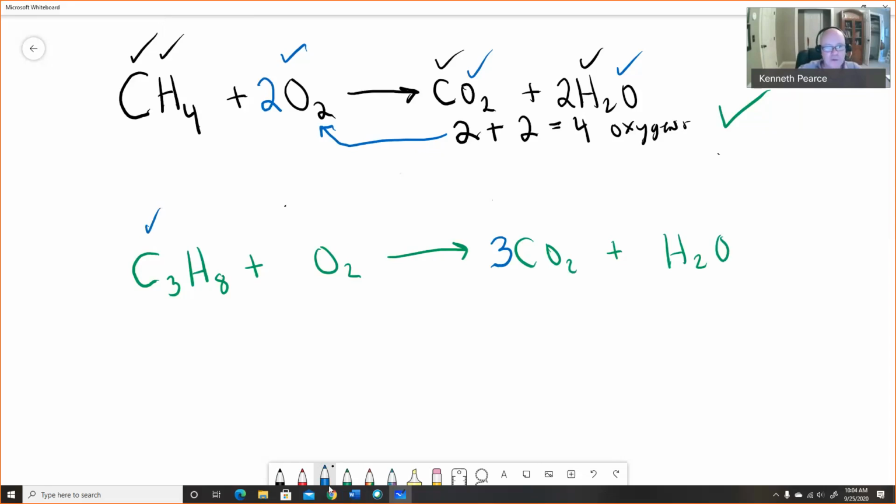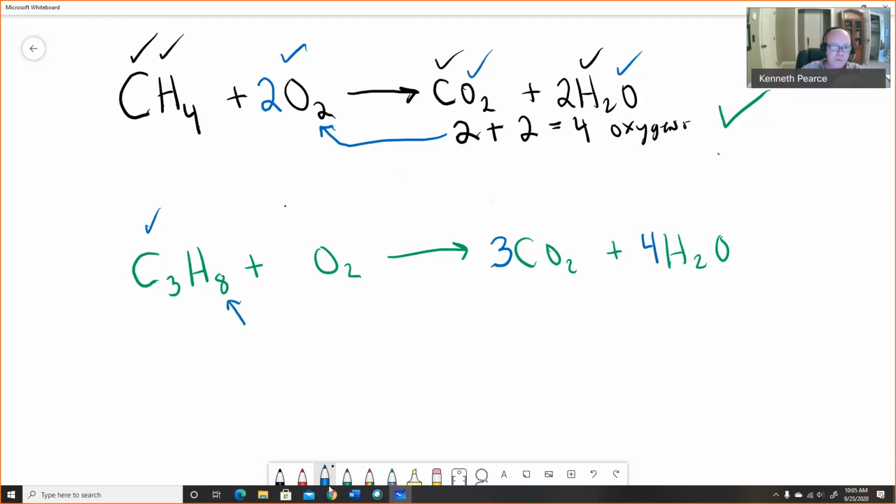Now I look at the hydrogens, and I see I have 8 hydrogens on the C3H8, otherwise known as propane, and I look to the right-hand side and I see 2 hydrogens here, and I need 8 hydrogens. And so what times 2 gives me 8? That would be 4 H2Os, 4 waters.